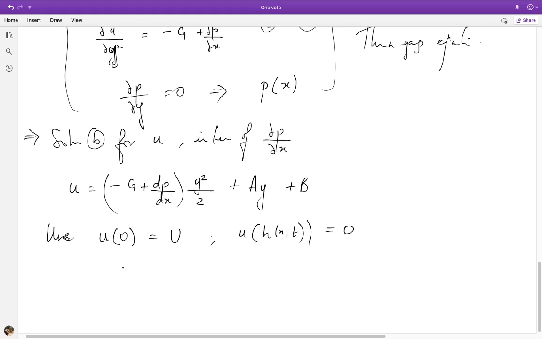Alright, so if I make these substitutions, it's rather trivial to do this, and it may be a good idea for you to pause and then try to derive it for yourself.